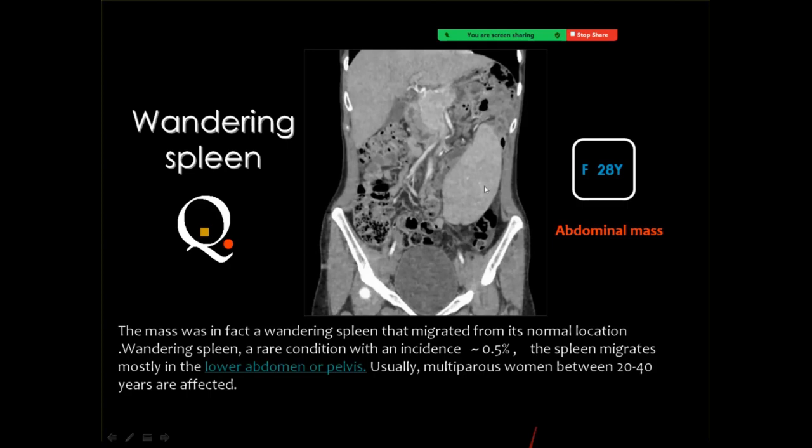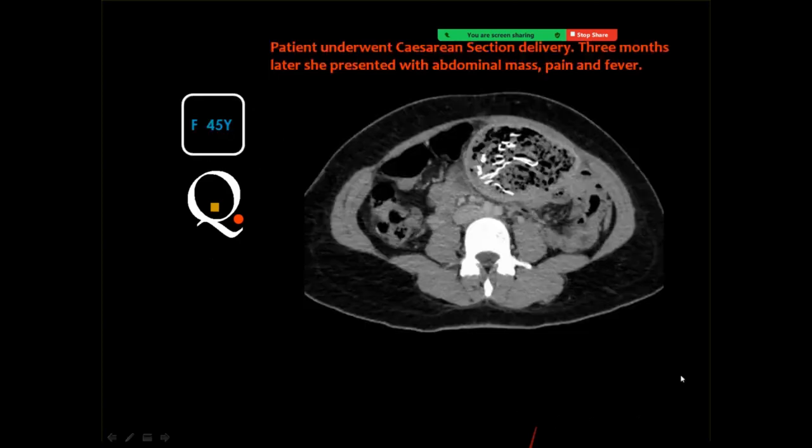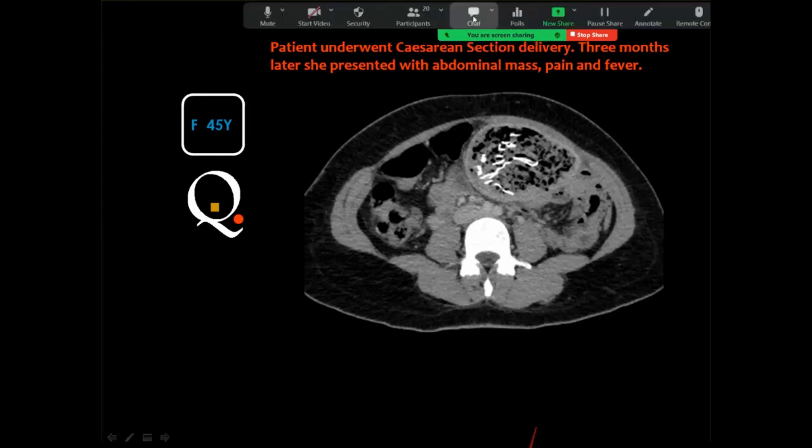Frequently it lies transverse in the pelvis with its hilum facing downward, and sometimes there is rotation around the splenic pedicle, resulting in what is known as splenic torsion or total splenic infarction. This patient underwent a cesarean section. 3 months later, she presented with abdominal mass, pain, and fever.